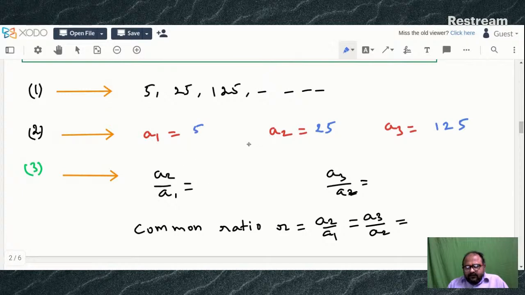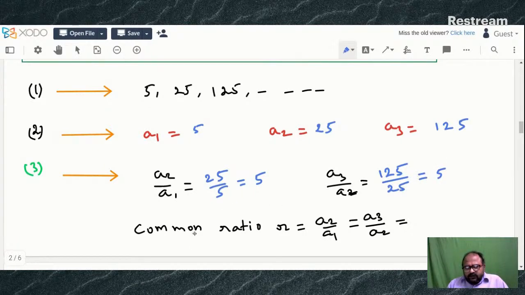A2 by A1, second term divided by first term, 25 by 5. You will get 5. Now A3 by A2. A3, it is 125 by A2, 25. This is equal to 5.